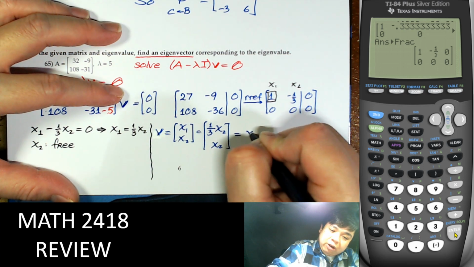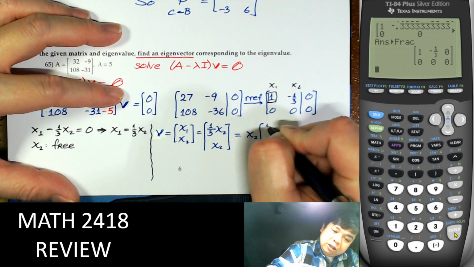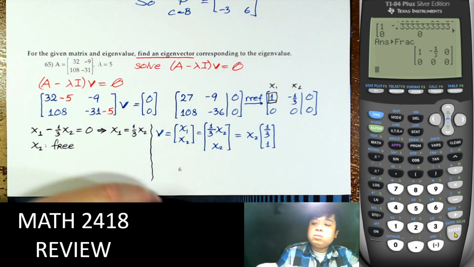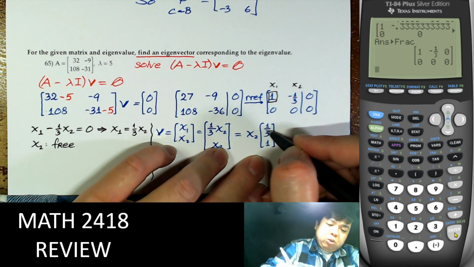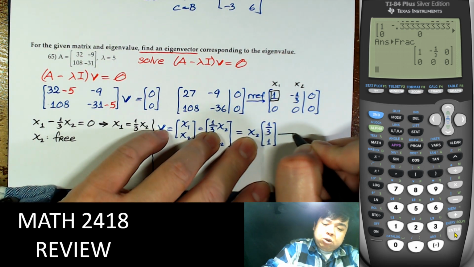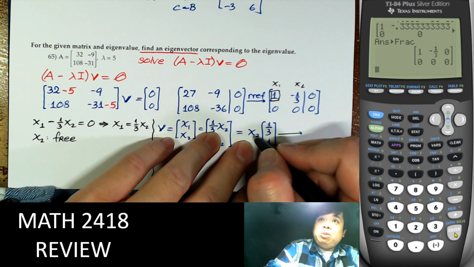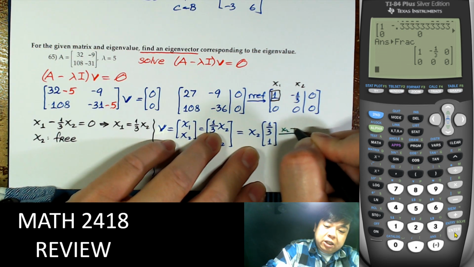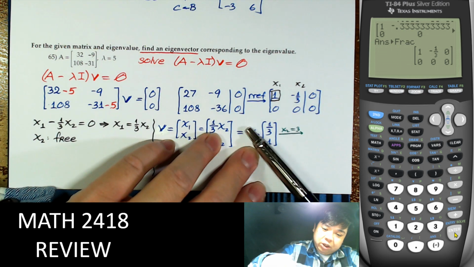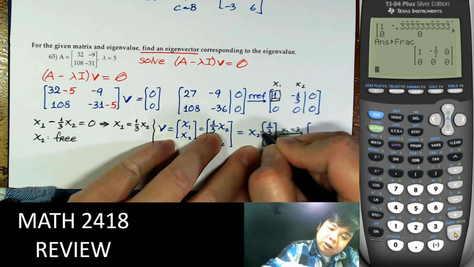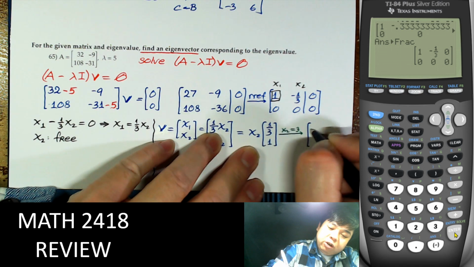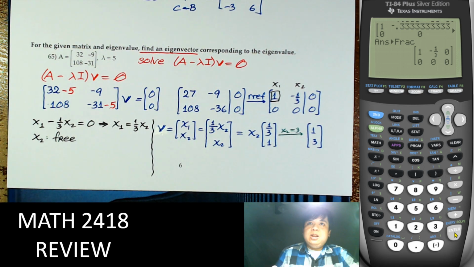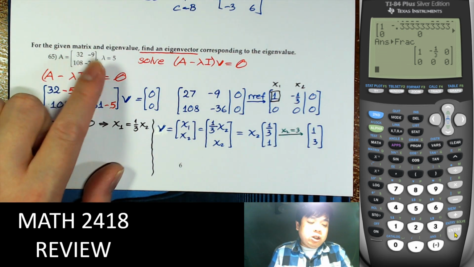So if we pull out the x2, we have 1 over 3 and 1. Now, of course, we can just use that vector, but usually for an eigenvector, we choose x2 to be something nice, so we don't have to deal with fractions. In this case, I choose x2 to be 3. I will take 3 times 1/3, which is 1. 3 times 1 is 3. So that's what we have. So that is the eigenvector corresponding to the eigenvalue of 5.